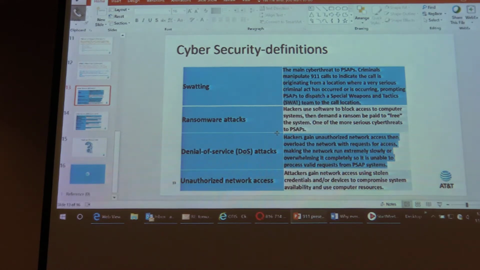And the likelihood of one of these occurring on the phone network is very small. The likelihood of these occurring on your CAD networks and your county networks and your city networks is huge, because you allow all of that bad stuff access to your network. And you have to. You can't do business without it, but fortunately on the phone network, we don't have to, and we don't.